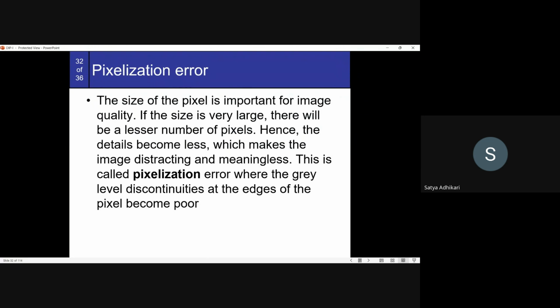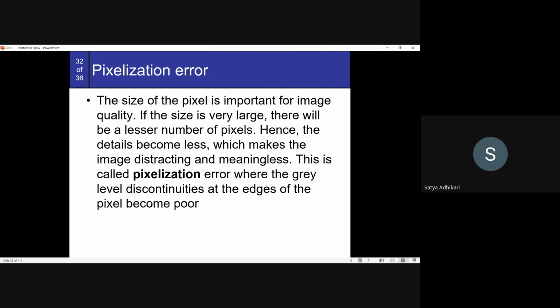A question may arise in your mind: what is the standard size of the pixel that gives good quality? It is written that the size of the pixel is large, but the size is not mentioned.